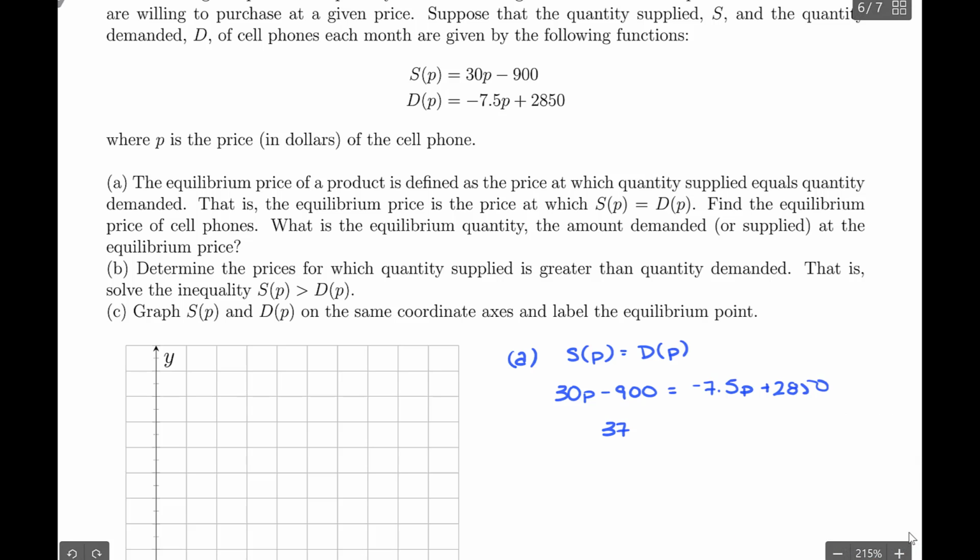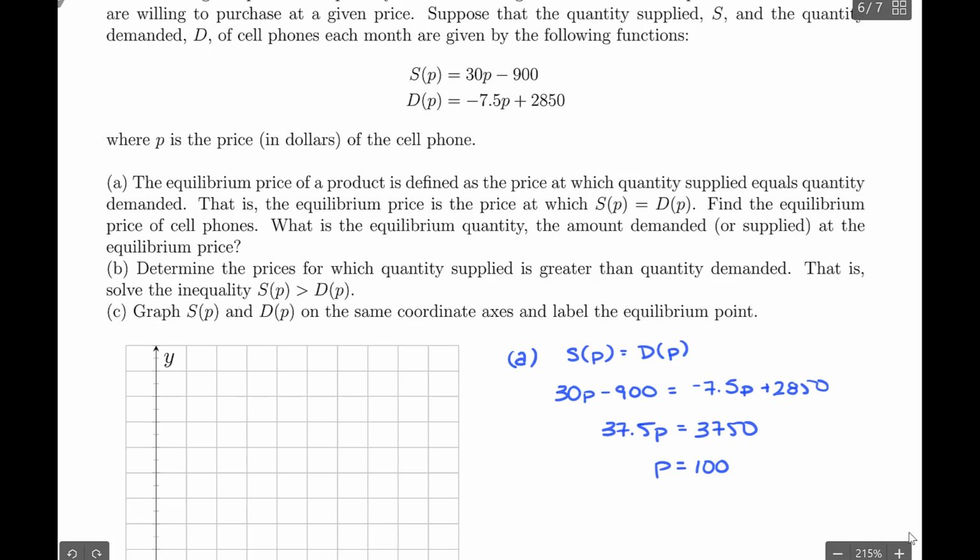So we get 37.5P. Add the 900 to both sides, and that's going to give us 3750. And then we divide everything by 37.5. So we get a price of 100. So at $100, the supply and demand will be equal to one another.